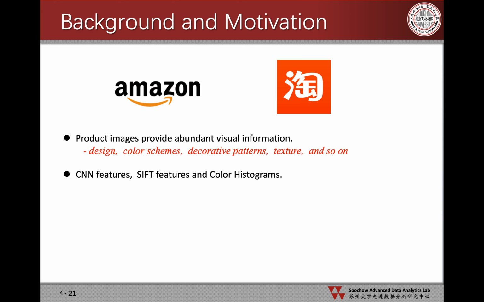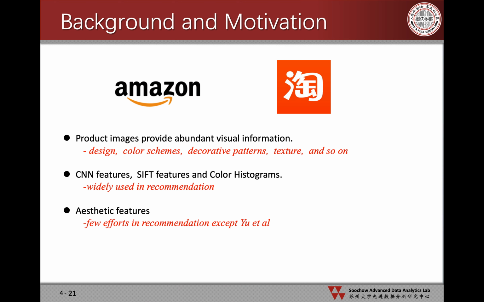One important visual factor, aesthetics, has rarely been considered in previous visual-content-enhanced recommender systems. If you know more about your consumer's aesthetic preference, you can recommend products more convincingly according to consumers' taste.